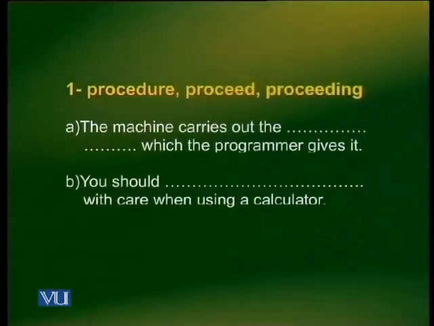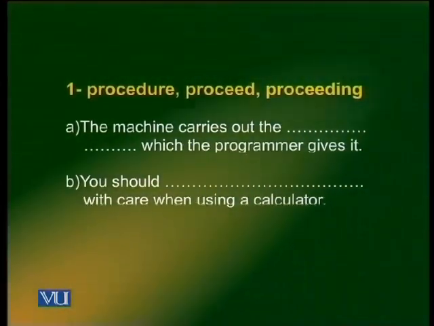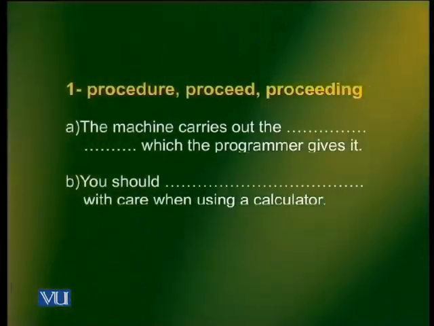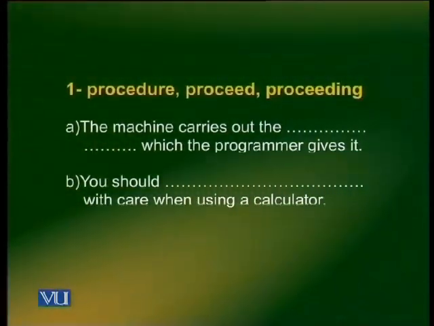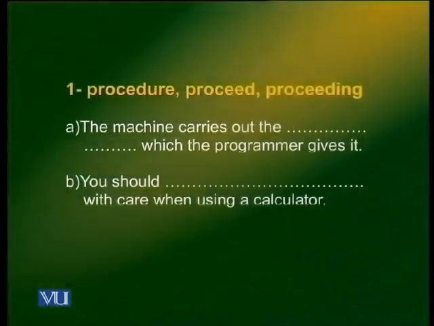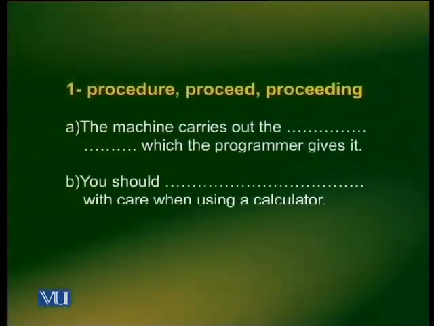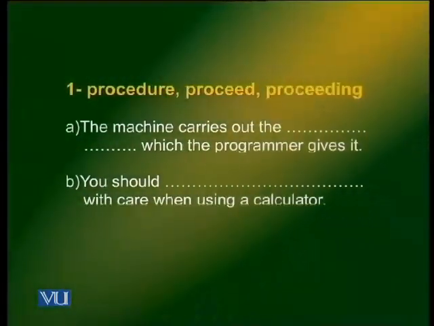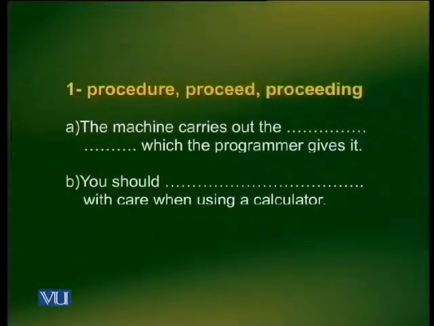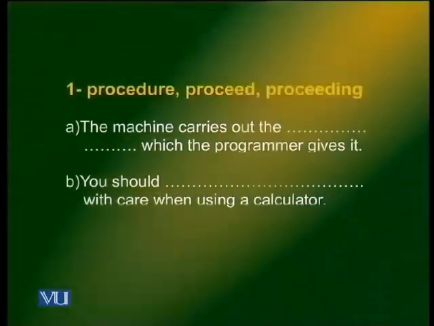Proceed, proceeding, procedure. The first sentence, the machine carries out the dash which the programmer gives it. Now what does the machine carry out? It carries out the procedure which the programmer gives it.